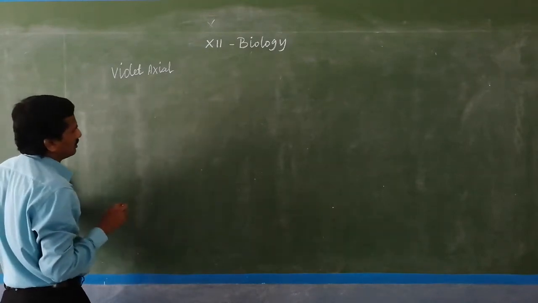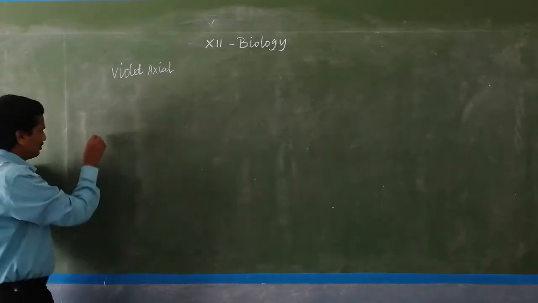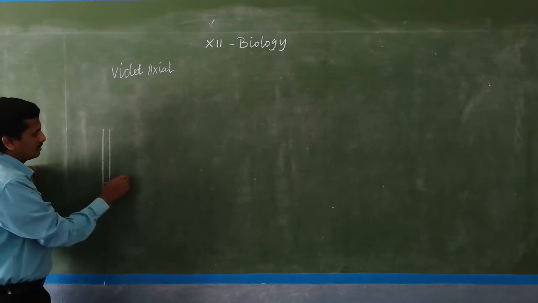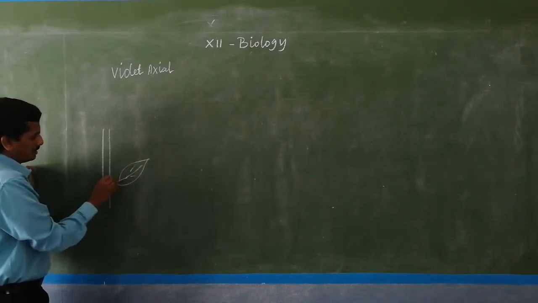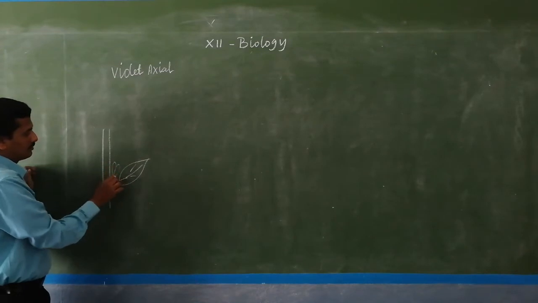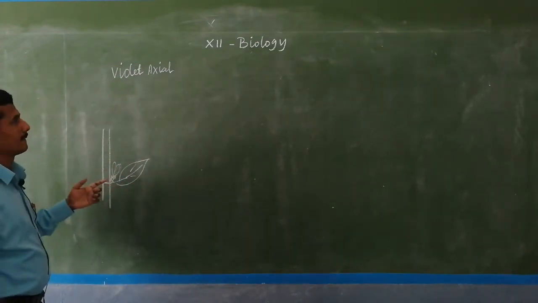So, the flower is violet in color, and the flower position is axial. Axial means, as I already studied, this is the node region, where leaves are present. In the node region, buds slowly develop. So, the bud is known as axillary bud.